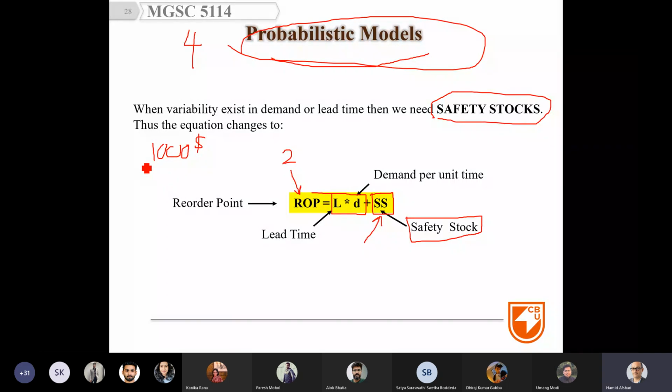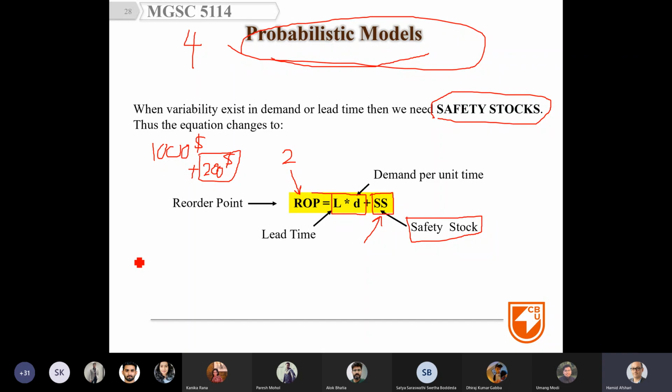If you go to a foreign country that you have never been, and you want to go for the same length of trip, for example, 1 week, will you take less money than your own country, or more money? More money. Plus a little bit extra, maybe $200 extra in your pocket for unpredictable situations, for something that you don't know what's going to happen in a new country. That is exactly the safety stock.